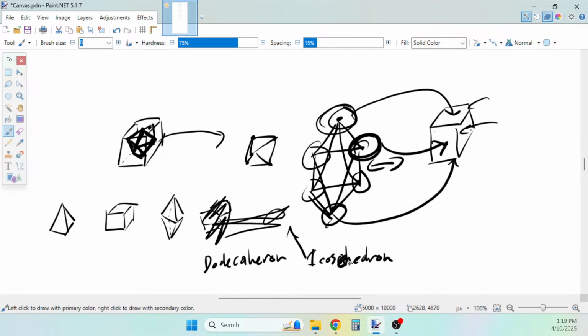So there are five of them: the octahedron, the cube, the dodecahedron, icosahedron, and tetrahedron. That's kind of neat.